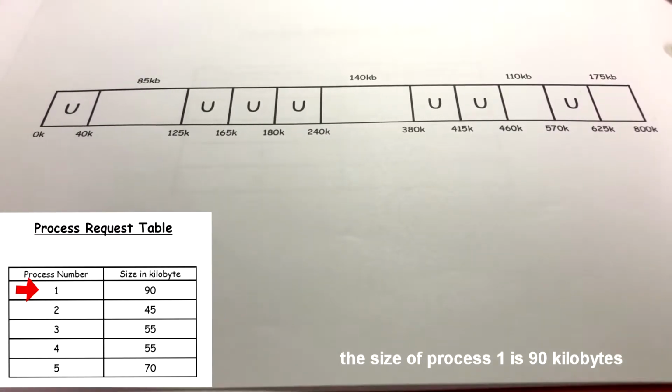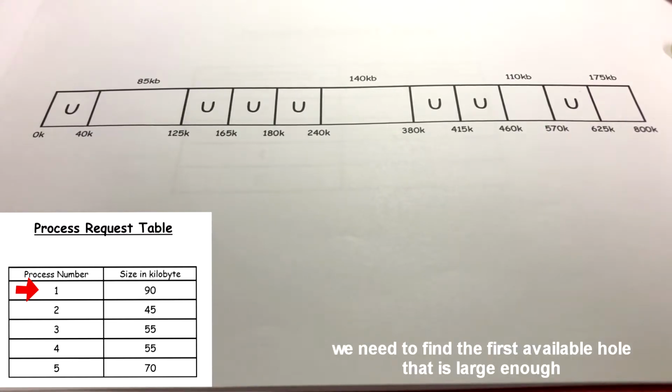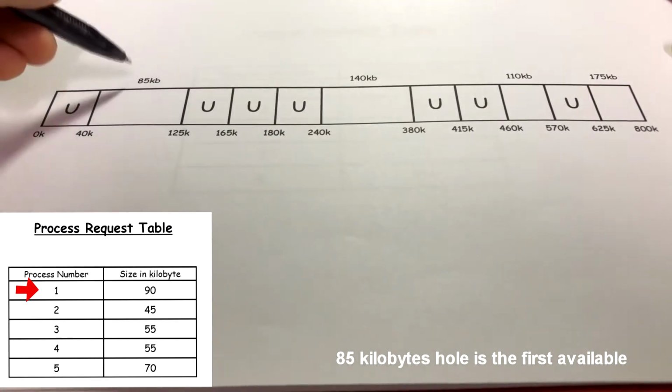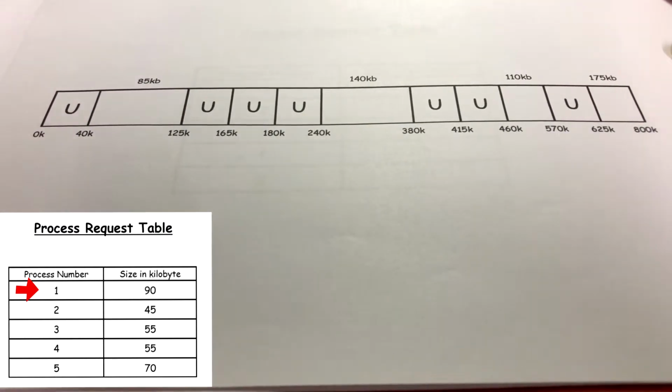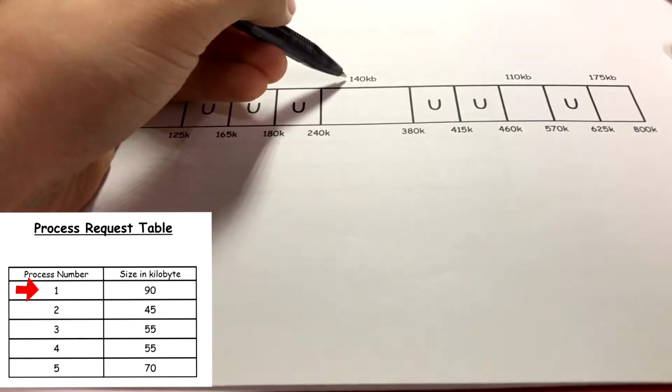The size of process 1 is 90 kilobytes. In the first fit algorithm, we need to find the first available hole that is large enough. The 85 kilobyte hole is the first available, but it is not large enough. So we see the next hole, 140 kilobytes.